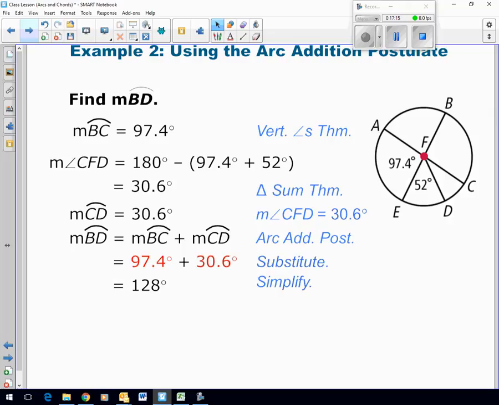How do you know AC is a chord, and not AF and then FC? How do I know that's not a diameter? There's no absolute proof. It looks like it, but how do you know for sure?